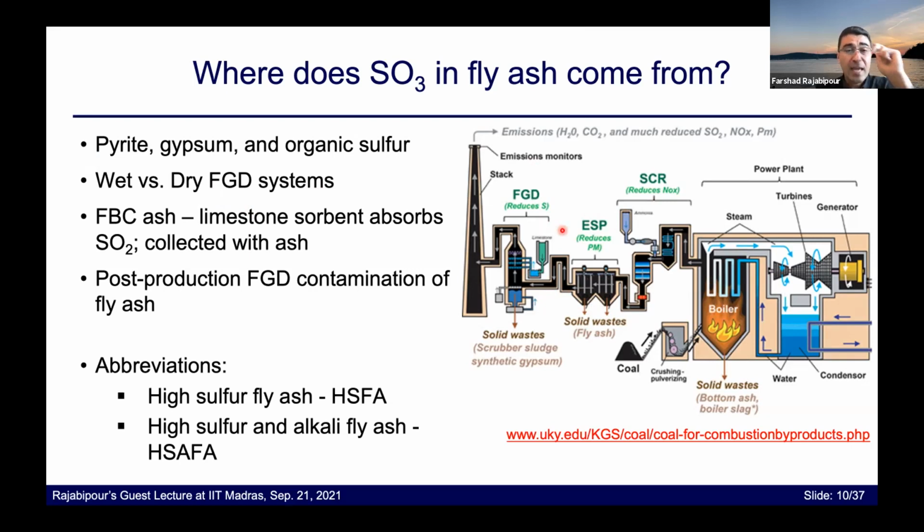These technologies could be wet or dry or semi-dry, and essentially they are based on exposing or injecting the flue gas with a so-called SO3 sorbent, which can be calcium carbonate or calcium hydroxide or sodium carbonate, which would capture the SO3 in the form of a calcium or sodium sulfate salt. Then those particles are removed either together with fly ash or separately, depending on whether you have a wet system or a dry system.